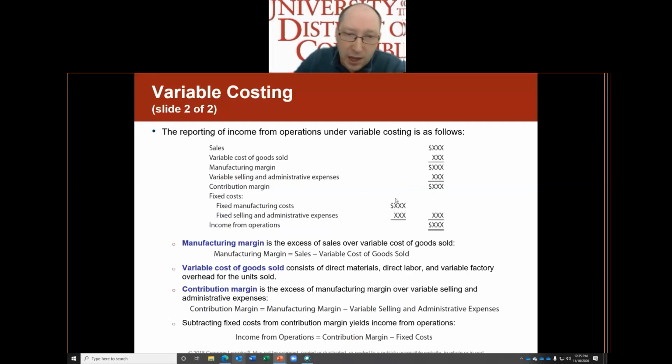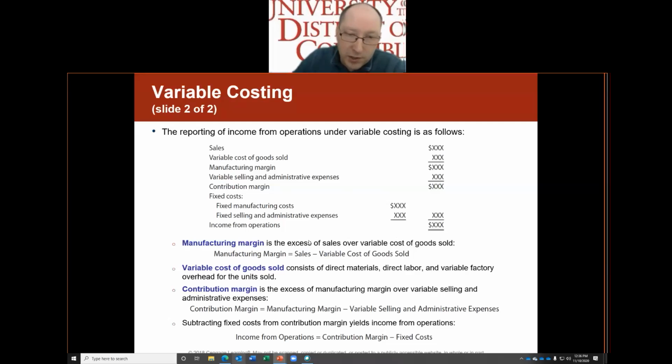We realize that in our fixed expenses, we have fixed manufacturing costs and fixed selling and administrative expenses. Within your fixed manufacturing costs, we have, of course, our fixed factory overhead. So we take our contribution margin minus our total fixed costs equals income from operations.